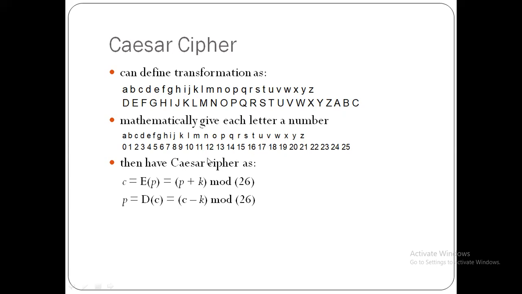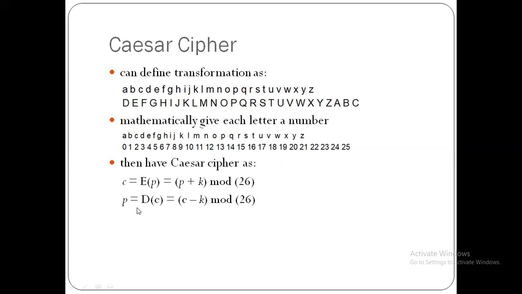So we want to find out the ciphertext. C stands for ciphertext. With the help of this formula, plain text plus key, we just add their numbers and then find the mod with respect to 26.